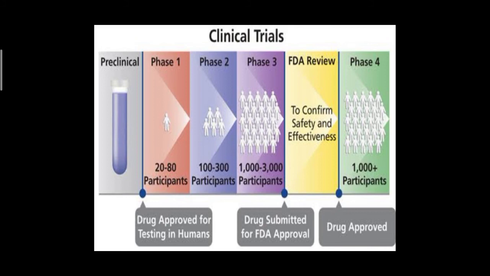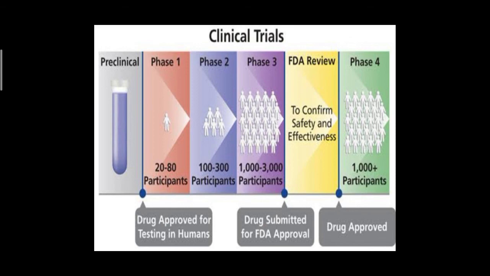In phase 2 and phase 3, they will check on specific patients. If you are doing research on a particular renal system, they will collect renal patients with specific diseases and give the research product to those patients. Phase 3 increases in number to 1000 to 3000.